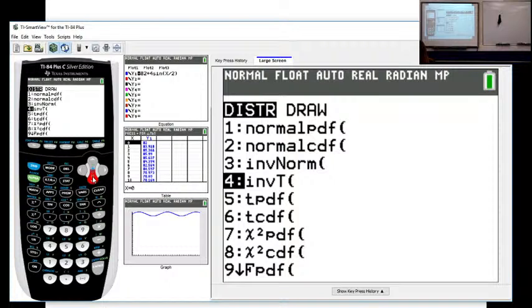Going the other way, from our t-scores to getting a percentage, would be t-CDF. So we're going to go inverse t. Is there anyone for whom inverse t is not there on the calculator? Okay, just want to make sure. So inverse t.